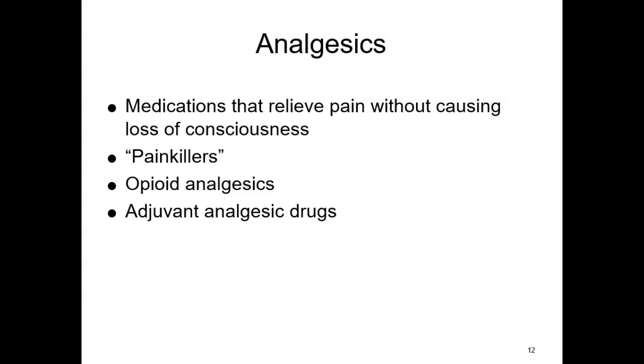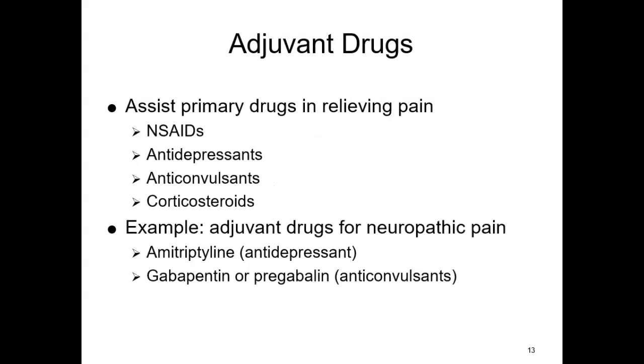Adjuvant drugs. So adjuvants, as you see on the next slide, these are not the primary pain relievers. Perhaps that might be your opioid, but these are medications we're adding to basically synergistically assist in the pain control. This might be your NSAIDs like Motrin, antidepressants.